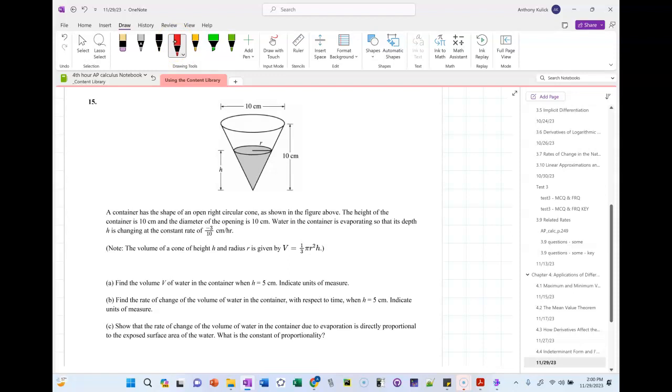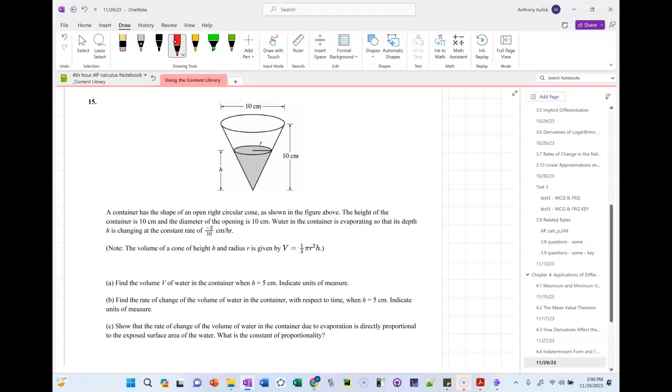A container has the shape of an open right circular cone, as shown in the figure above. The height of the container is 10 centimeters, and the diameter of the opening is 10 centimeters. Water in the container is evaporating so that its depth h is changing at the constant rate of negative 3/10 centimeters per hour.